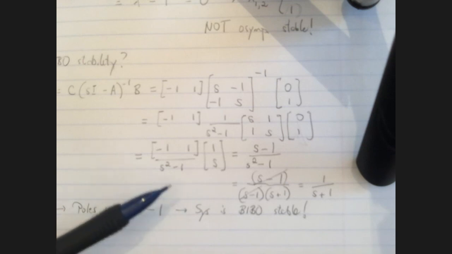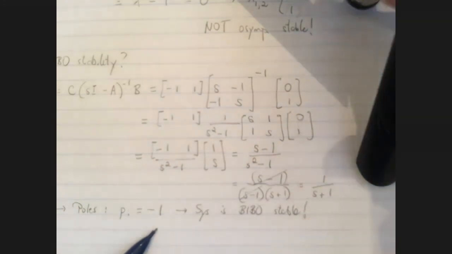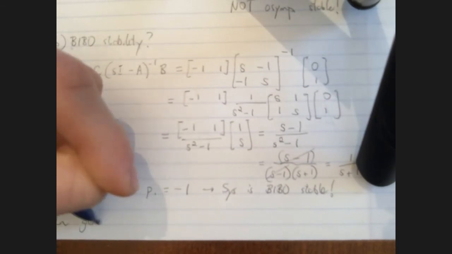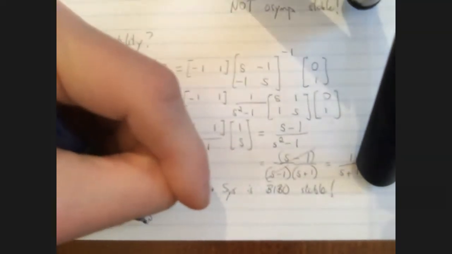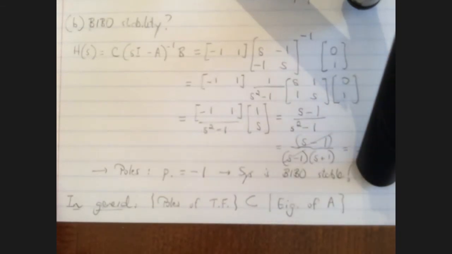Now, in this case, they didn't quite match. Before, the poles of the transfer function matched up with the eigenvalues of A. Here, the pole of the transfer function was just the one, and it matched up with one of the eigenvalues of A. In general, and this is true for all cases, the poles of the transfer function are a subset of the eigenvalues of A. Sometimes the sets match up entirely, but not all the time, so you cannot guarantee they're equal to each other.